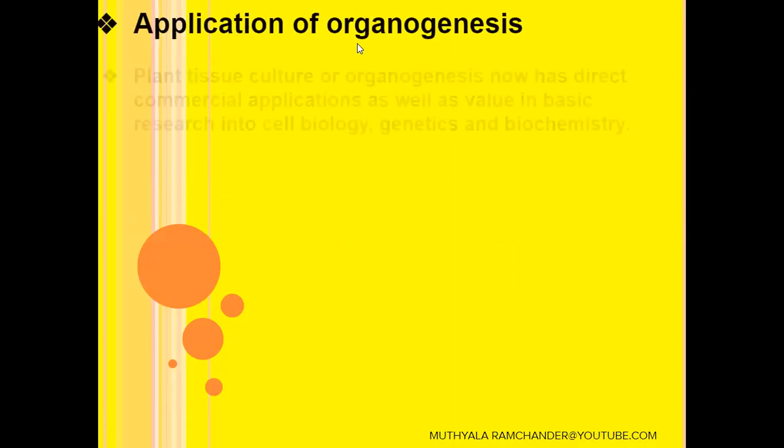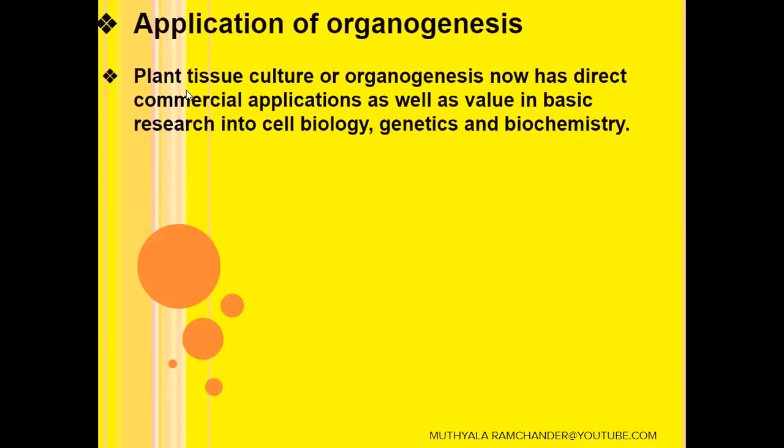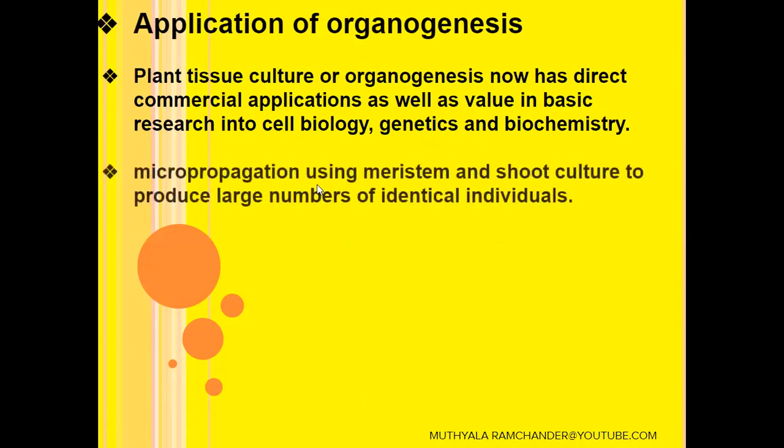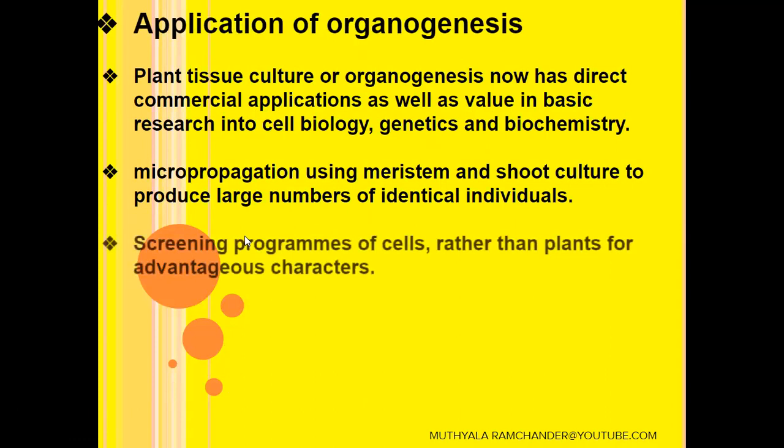Application of organogenesis. Plant tissue culture or organogenesis now has direct commercial application as well as value in basic research into cell biology, genetics, and biochemistry. Micropropagation using meristem and shoot culture to produce large numbers of identical individuals.